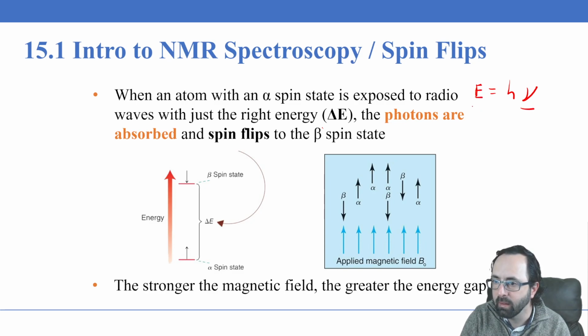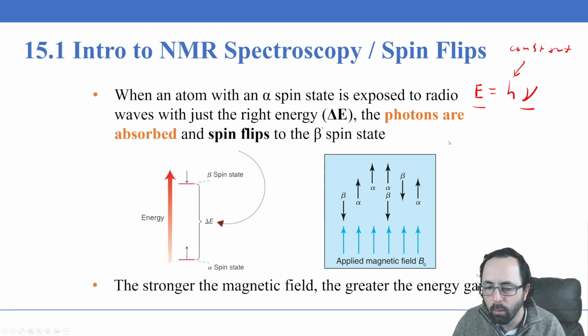Higher frequency means higher energy, and this is a very small proportionality constant, which we don't really have to pay much attention to. Basically, though, if the radio wave photons have just the right frequency, they'll have just the right energy to reverse the spin state from alpha to beta and absorb that light. And we can then use a detector to determine what energy of radio waves were observed.